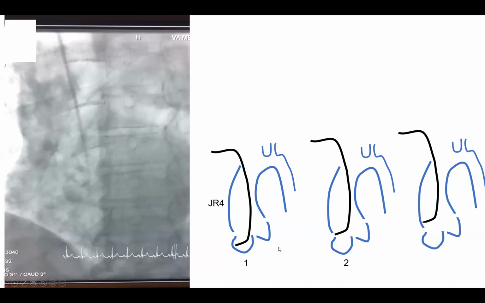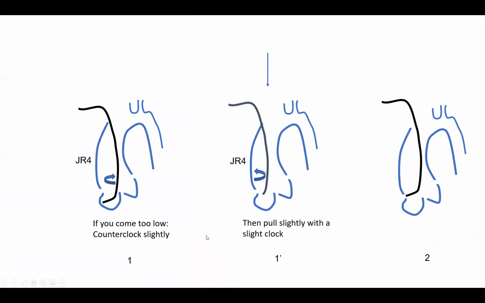Two, how do you get from this to this? I'll tell you, it doesn't work to just pull the catheter. If you come low and you just pull the catheter, it will fly up, as has happened here. There is finesse to get from this to this. You don't just pull. So you've clocked from here to get here. What you do, you reverse your torque.